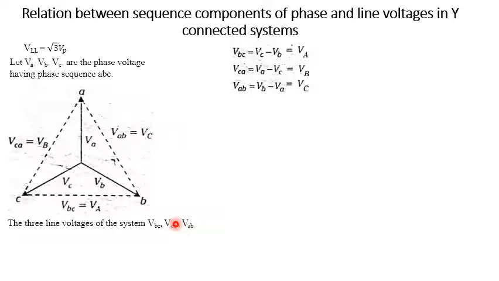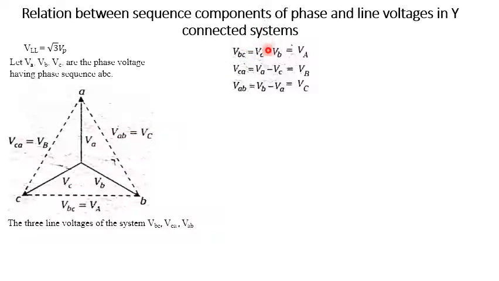Then by using this, we can write VBC as VC minus VB. Then VCA can be written as VA minus VC. Similarly, for VAB it is VB minus VA. Or else we can take the opposite sign, so this minus is going to be plus and this plus is going to be minus.